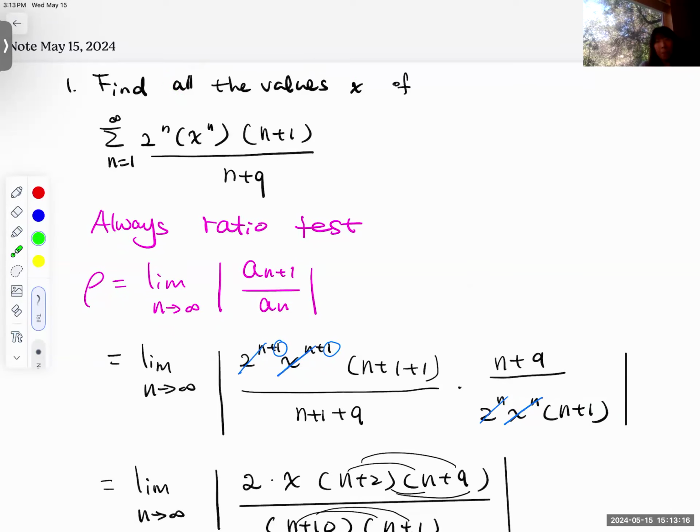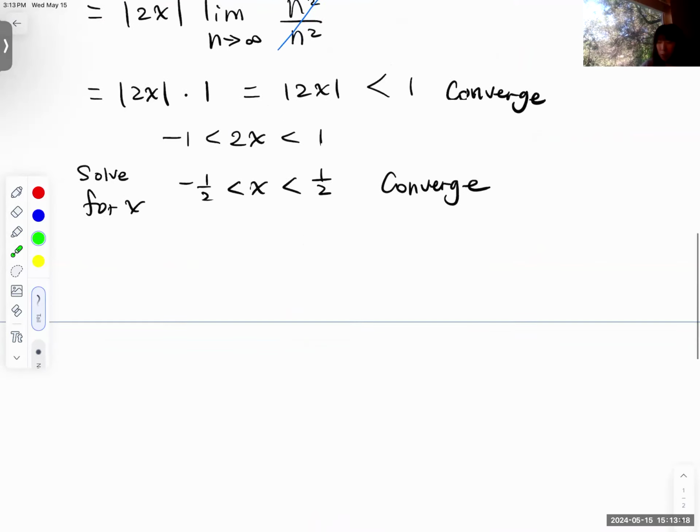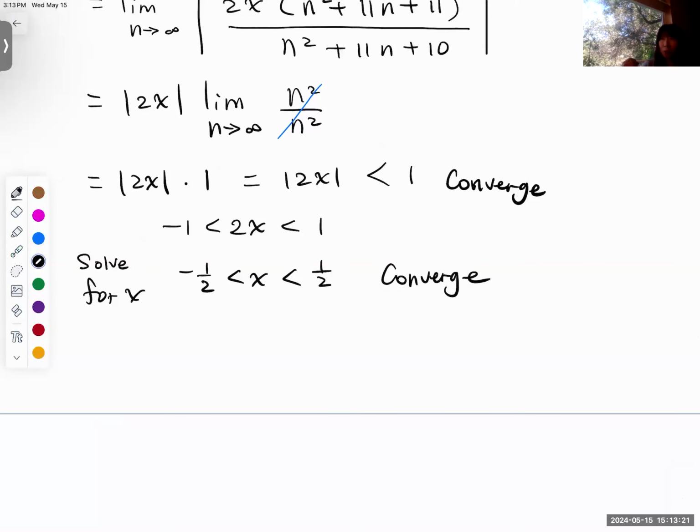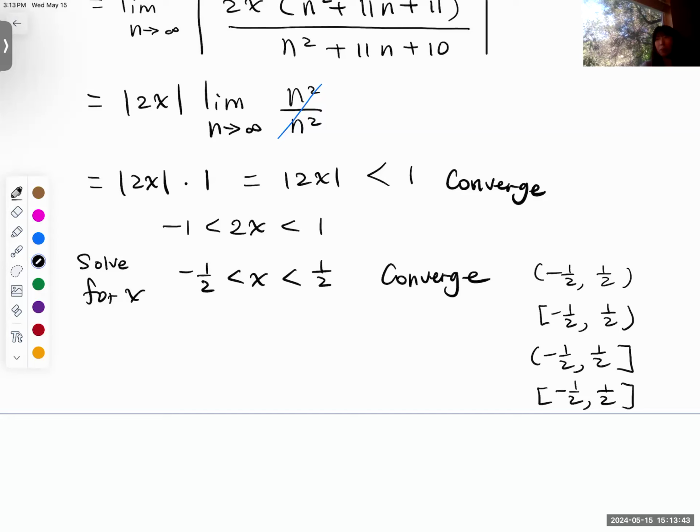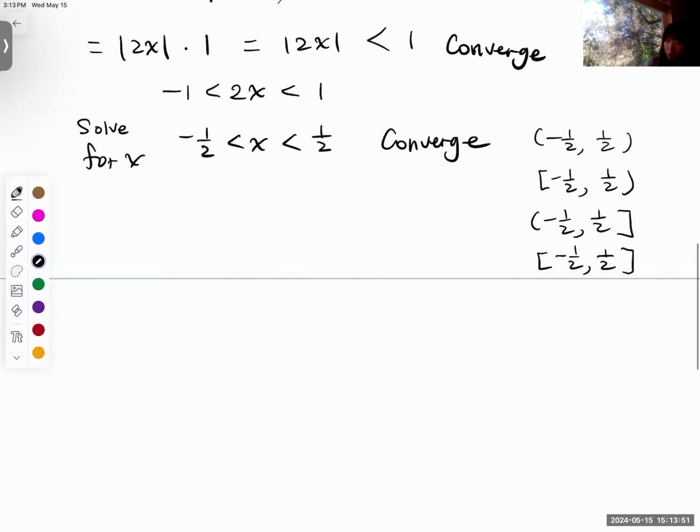So is it parentheses, or do these x values include or not include the endpoints, right? So parentheses, bracket, whether not include, include, not include, like that, right? So let us do this. Check endpoint.